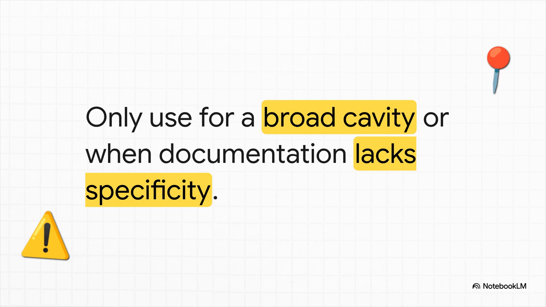You must remember this. You only use anatomical region codes when a procedure is performed on a broad cavity or region rather than a specific individual body part. Or, occasionally, you use it when the physician's documentation completely lacks the specificity needed to identify a discrete body part. For instance, if a surgeon is draining excess fluid generally from the abdominal cavity, that goes to W. You don't just guess a specific organ if it was clearly a generalized regional drain.